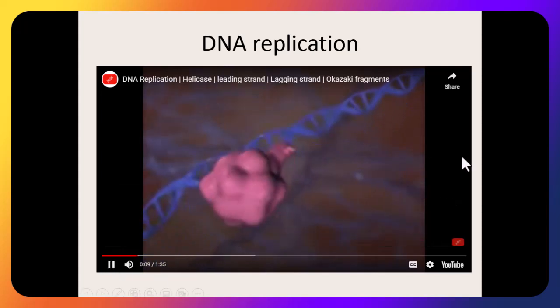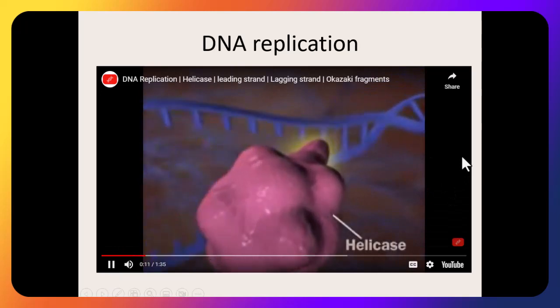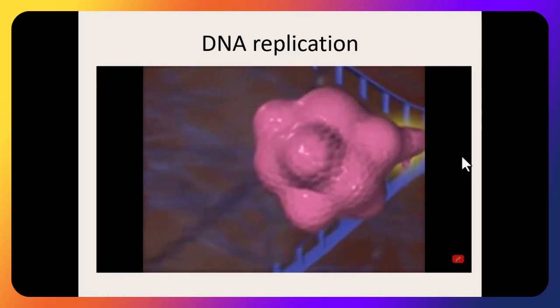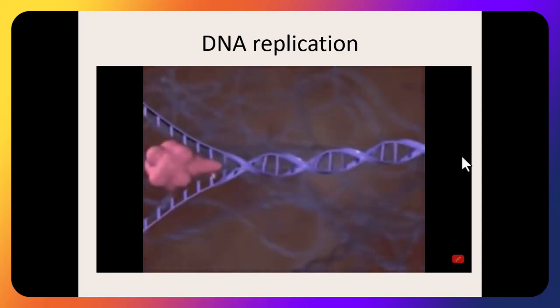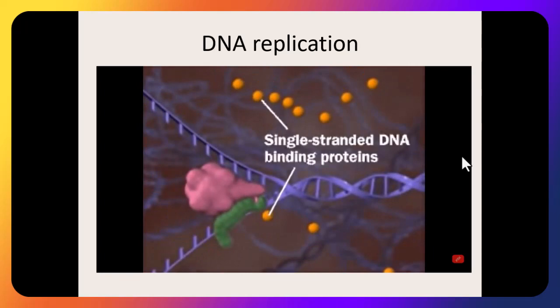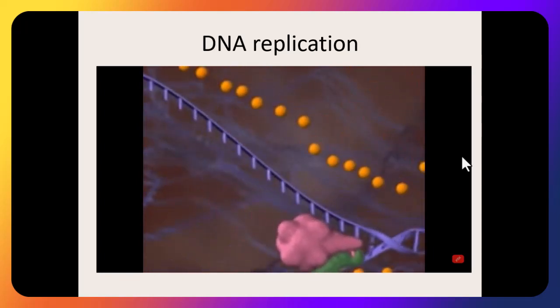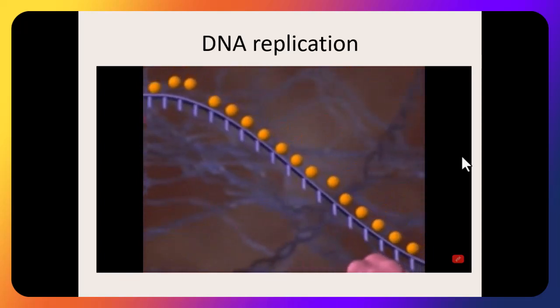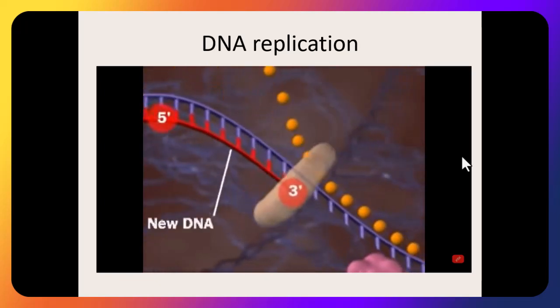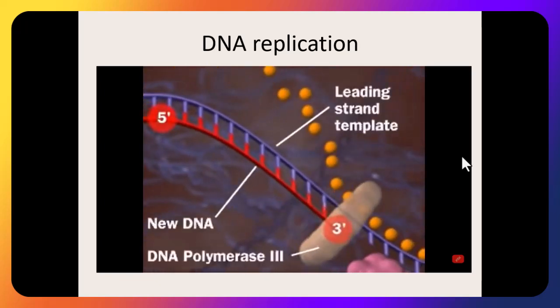Separated by the enzyme helicase. Single-stranded DNA binding proteins keep the strands from reannealing. One DNA strand encodes the leading strand, which forms from its 5' to its 3' end, using DNA polymerase 3.